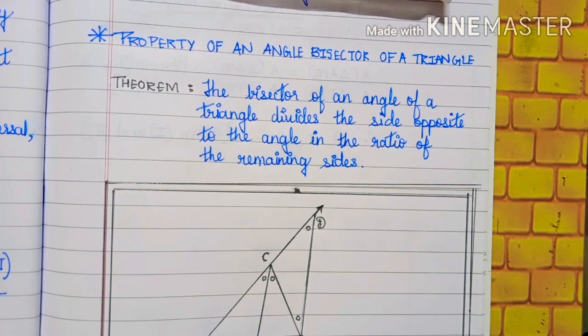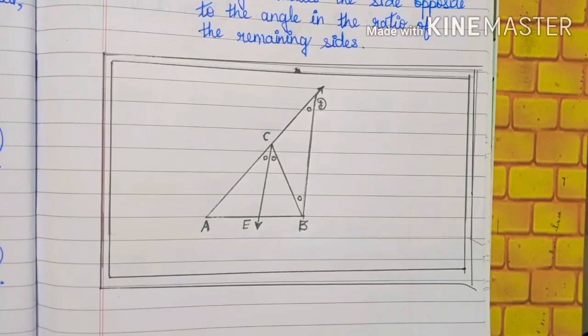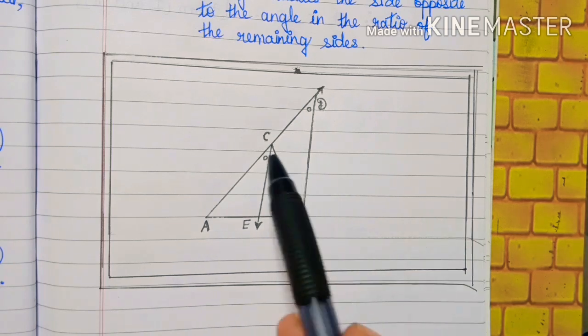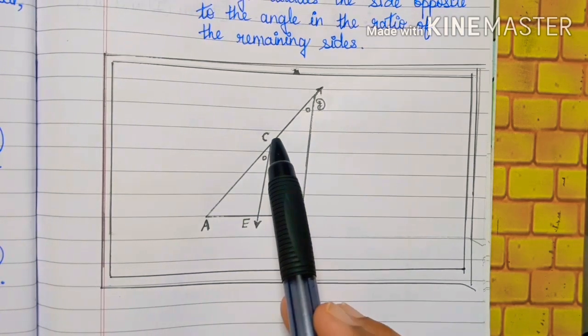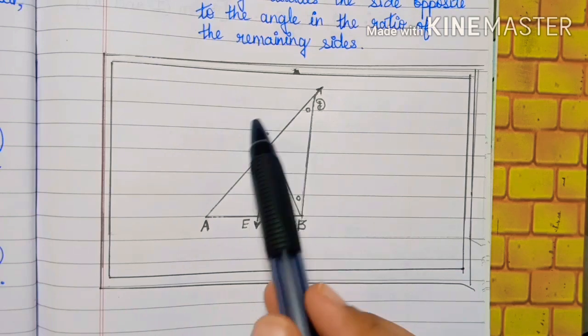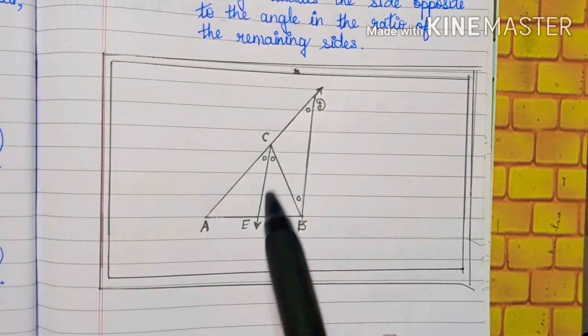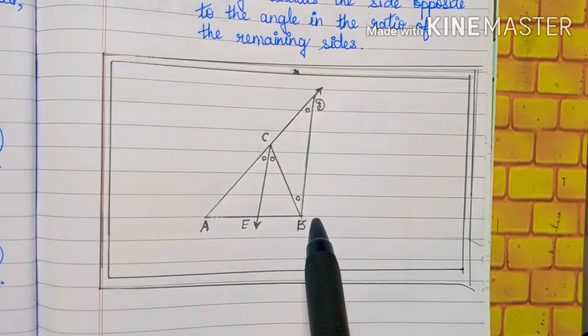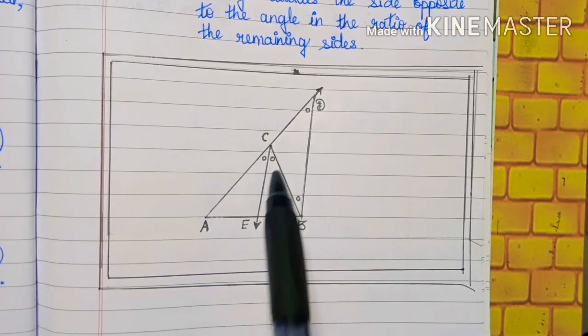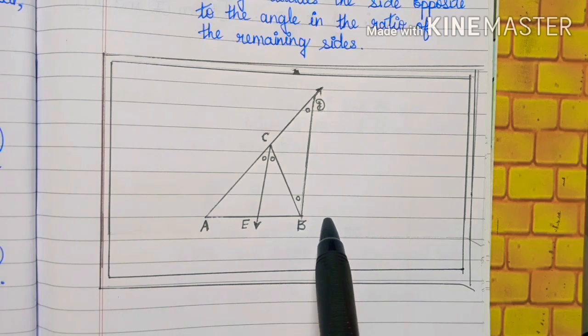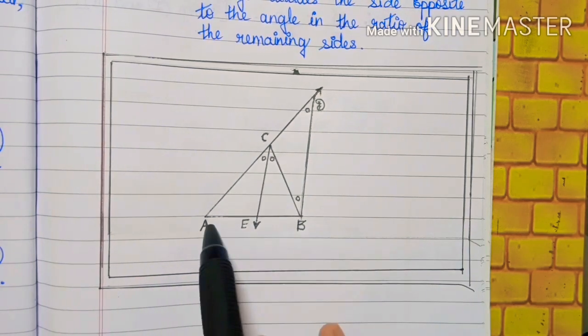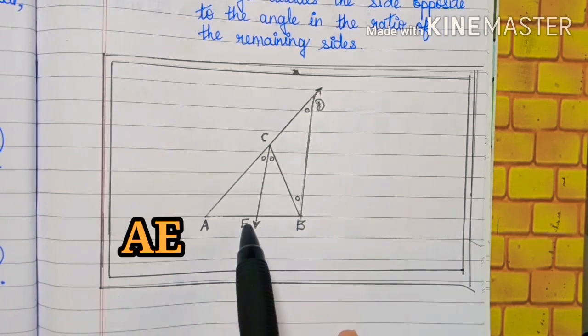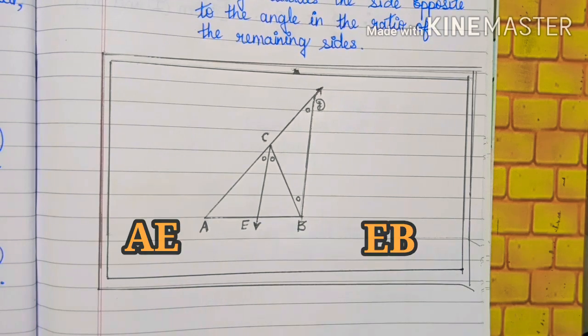Now let us learn this in the diagram. Here in the diagram, there is a triangle named triangle ABC and the bisector of angle C is ray CE, which intersects side AB, opposite to this angle, in two different parts as AE and EB.